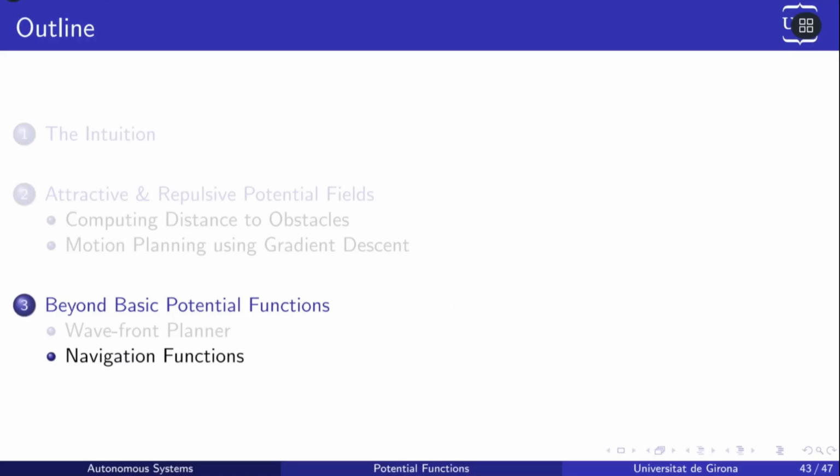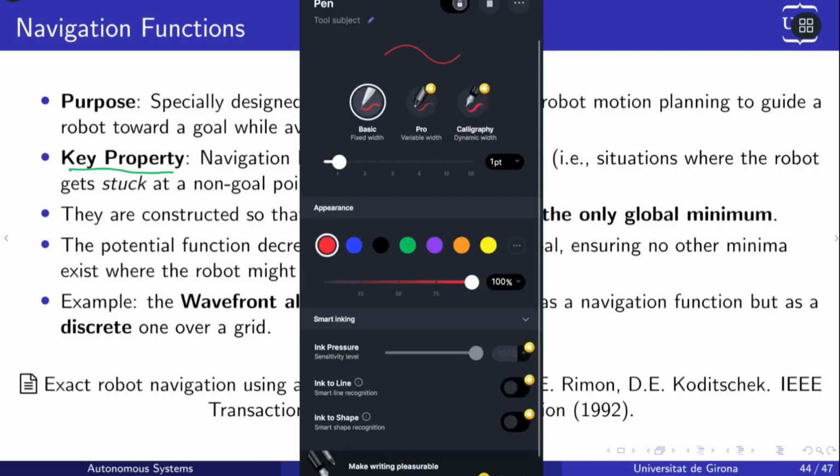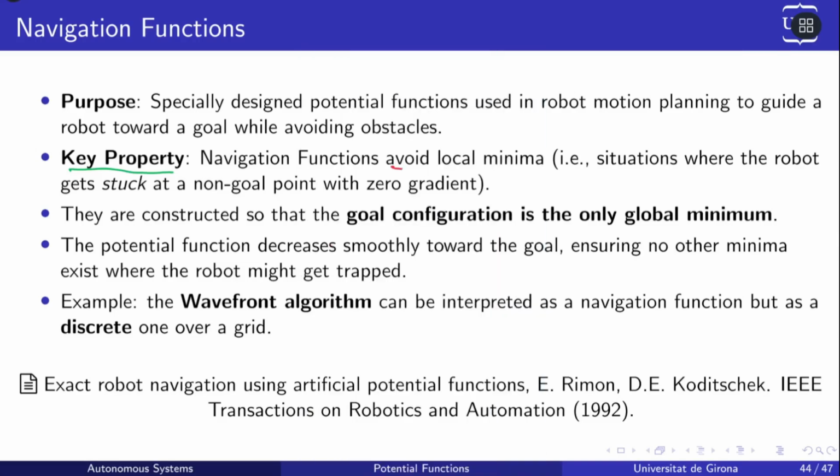And then just a few words about these navigation functions. This is the full description: a specially designed potential function. These are really potential functions, not like the wavefront planner, which is a kind of potential function but not a real one, used in motion planning to guide the robot towards the goal. What I want you to understand is this key property: they avoid local minima.